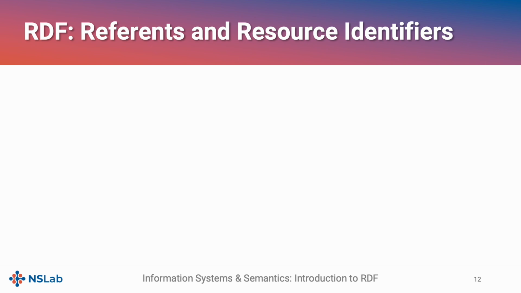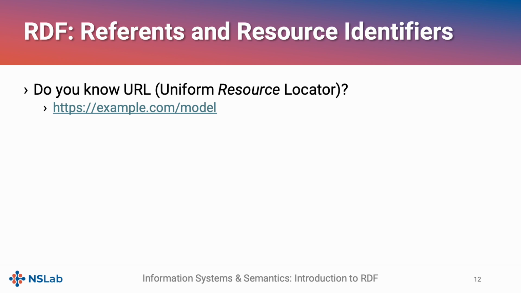So what are references and how can we make some identifiers for them? So you maybe know URL. URL is Uniform Resource Locator. It can look, for example, like this. So some protocol, some domain, and some path.